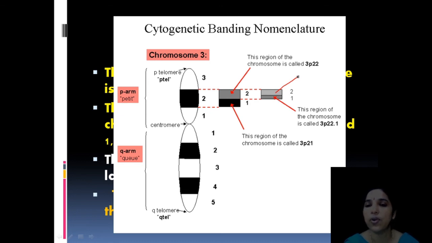So how will you write it? Write 3, then P, then 2, then again 2, that is the subband, then put a dot and write 2. This is how you can mark it, and you can mark this region also like that.